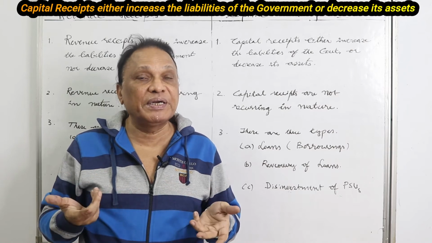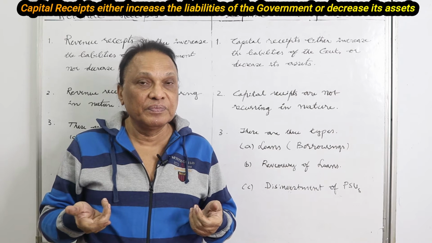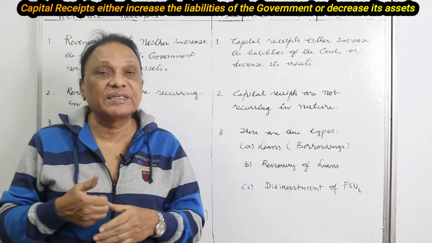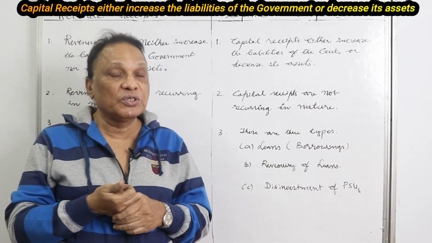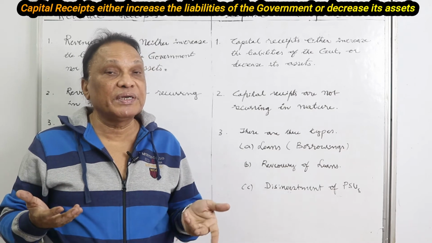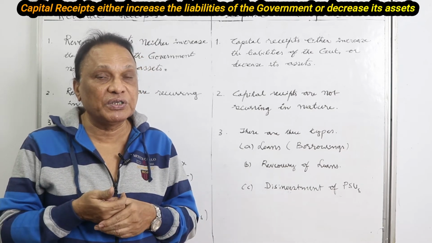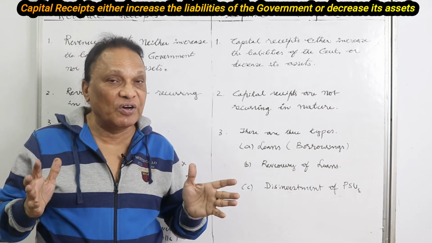Liabilities means the government is liable to pay interest to them. Or they decrease the assets of the government. How do the assets come down? The government is selling PSUs, public sector undertakings, or issuing share certificates of these PSUs, so obviously the assets of the government are coming down.